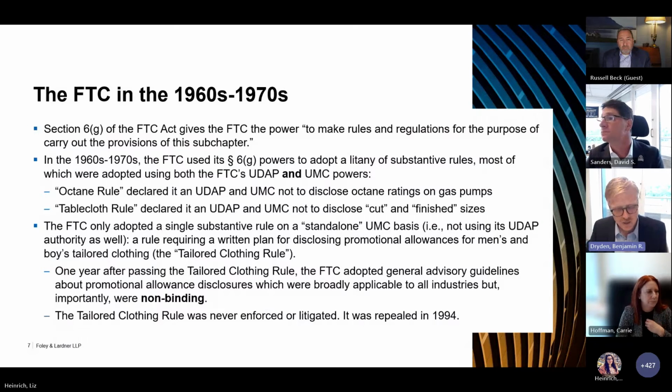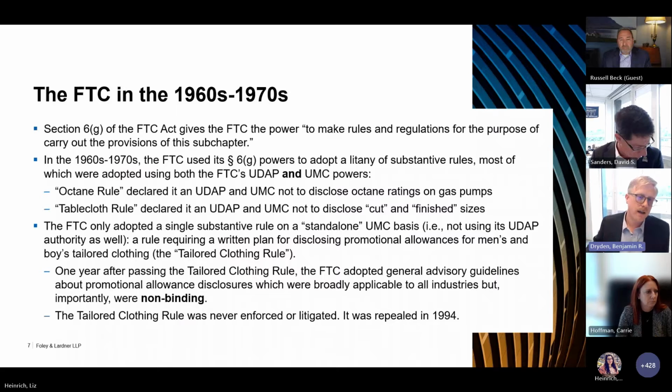And so the FTC latched onto this and started adopting really a litany of substantive rules that were meant to define with specificity in particular contexts what sorts of practices or methods would constitute UDAPs or UMCs. So there were more than a couple dozen of these rules, but a couple examples are the octane rule.